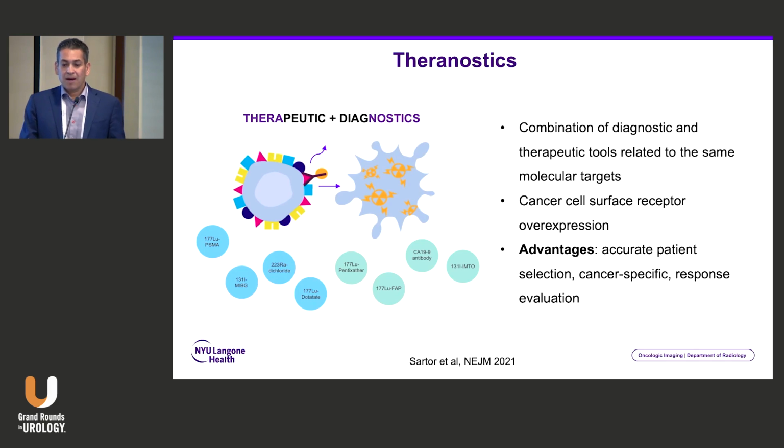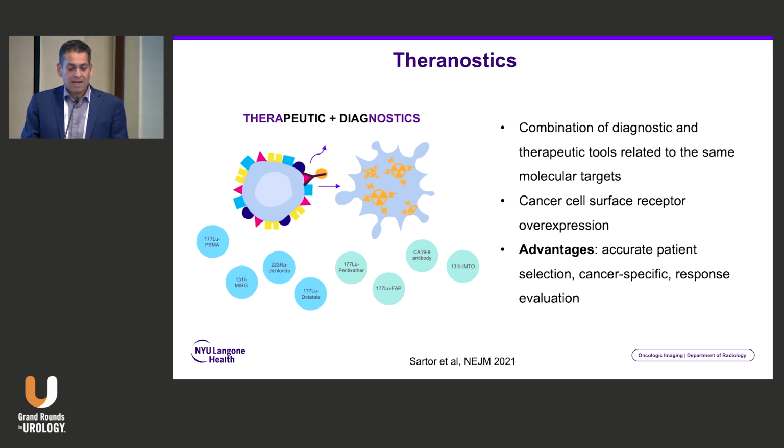So if we combine these diagnostic and therapeutic tools, targeting the same molecular targets, usually in the space of prostate cancer, their cancer cell surface receptor overexpression, it overarchingly results in the advantages of having more accurate selection, relatively cancer specific, and opens up the window also for improved response assessment, because if you have detailed information of where the abnormal tracer accumulation was present prior to the theranostics treatment, you can do serial monitoring and observe the changes in each individual site of disease with very high precision, right?